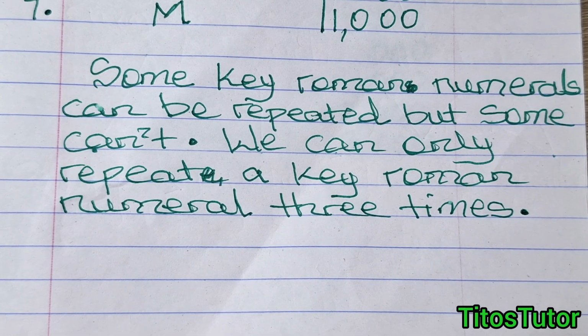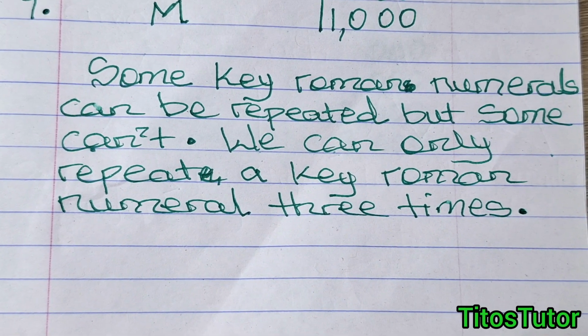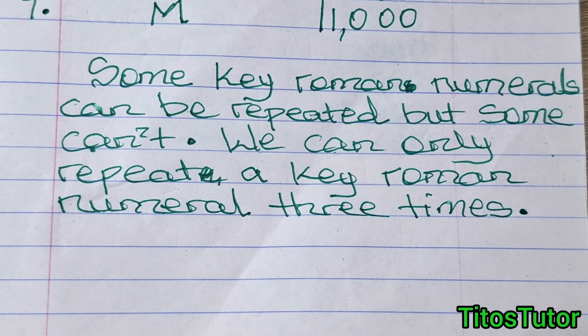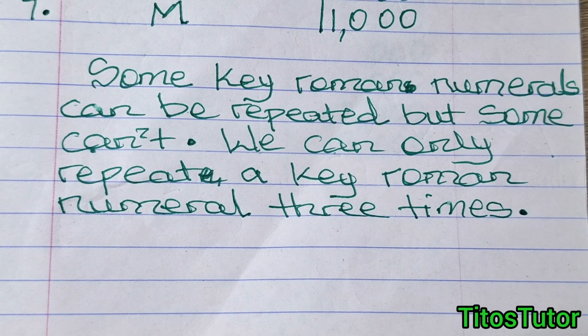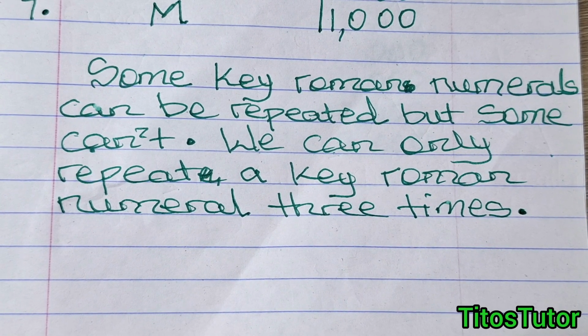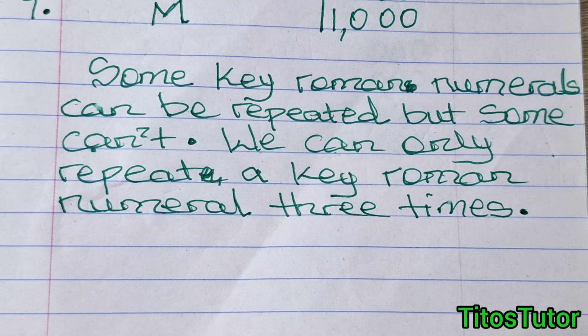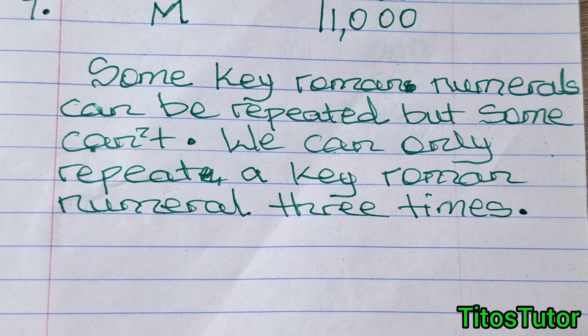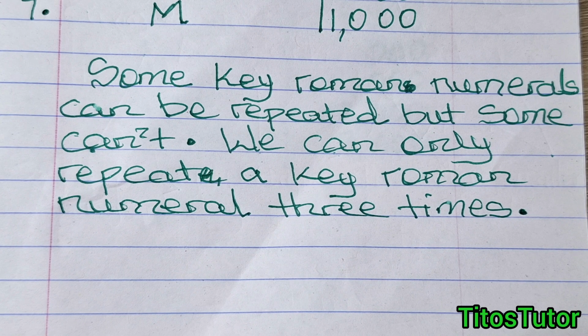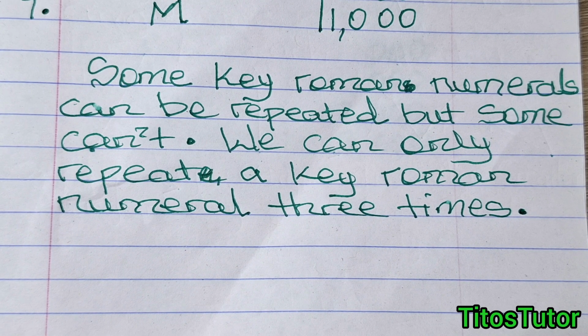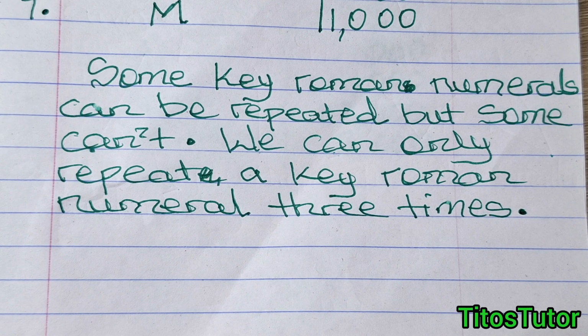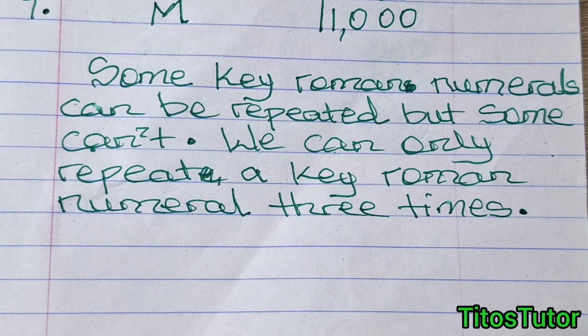Now, some key Roman numerals can be repeated, but some can't. Among these 7 key Roman numerals, not all of them can be repeated. Remember I said all numbers in Roman numerals are derived from these 7 key Roman numerals by repeating, by adding, or by subtracting.